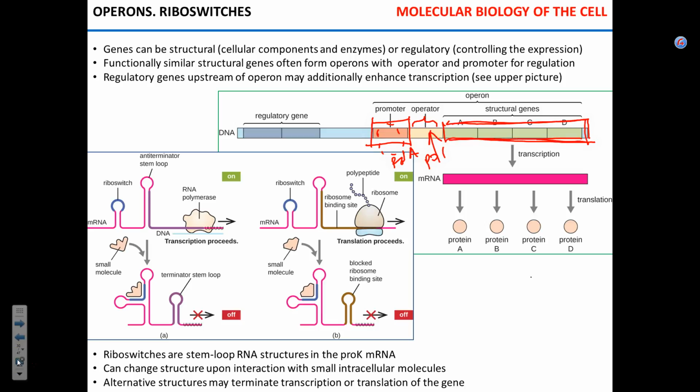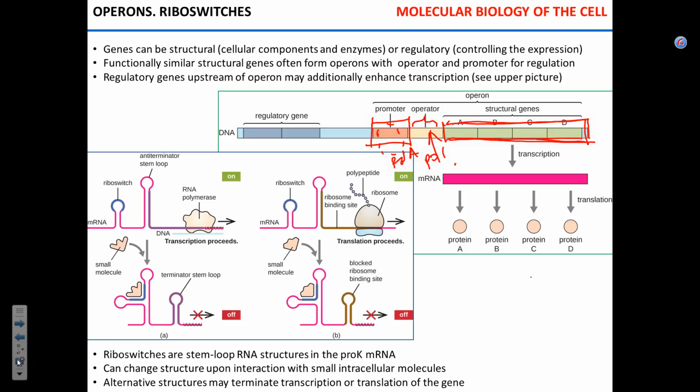Now, if you look at the following, the structural genes. Remember we mentioned polycistronic RNA versus monocistronic. Do you remember what the difference is? What's polycistronic mRNA? Poly means many, and it contains many genes. Remember?